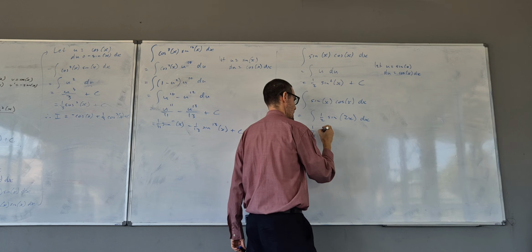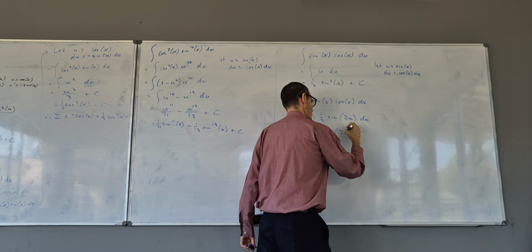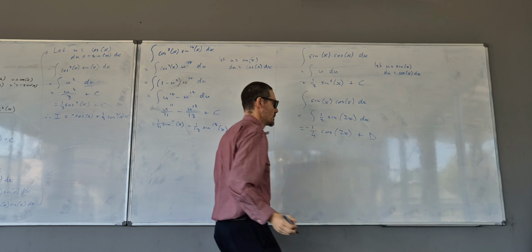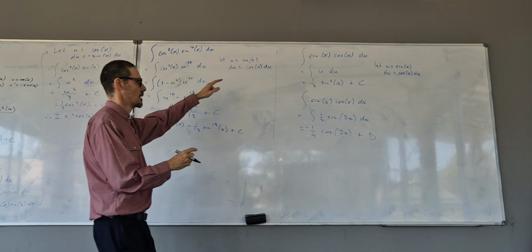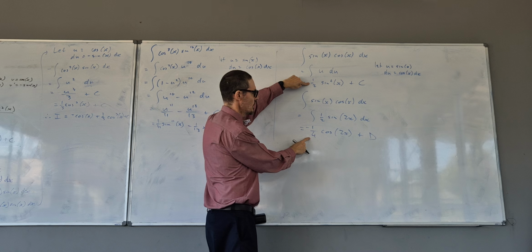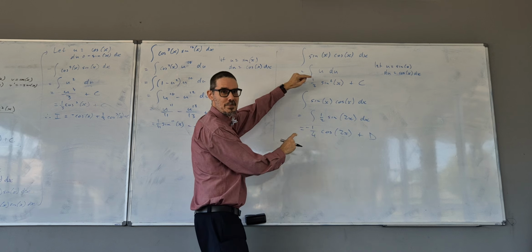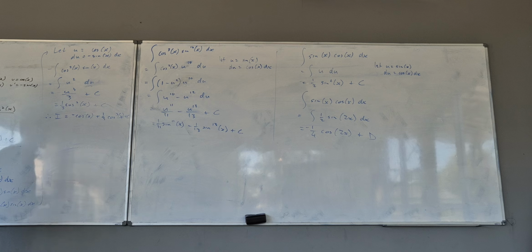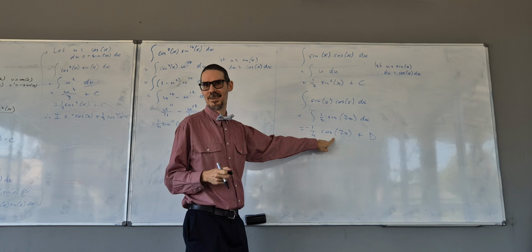It's negative a quarter cos 2x plus constant. You can probably convert these using the other identity, because I can turn a sine squared into a cos 2x.